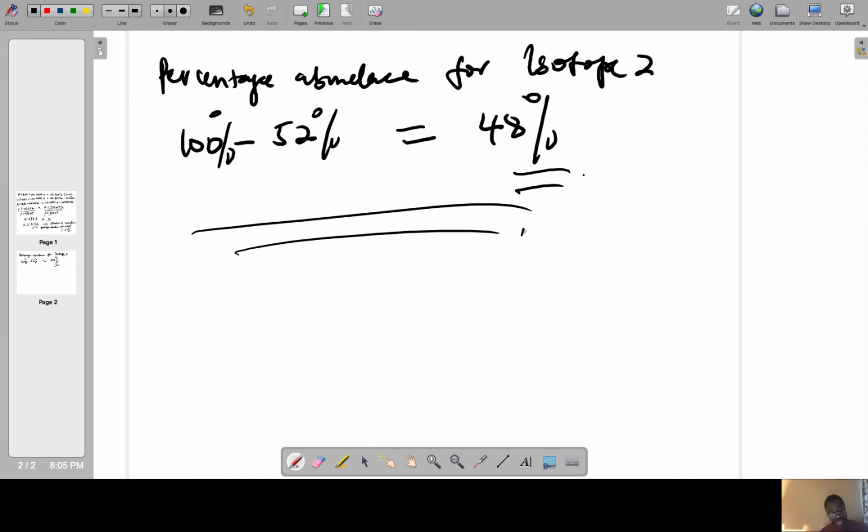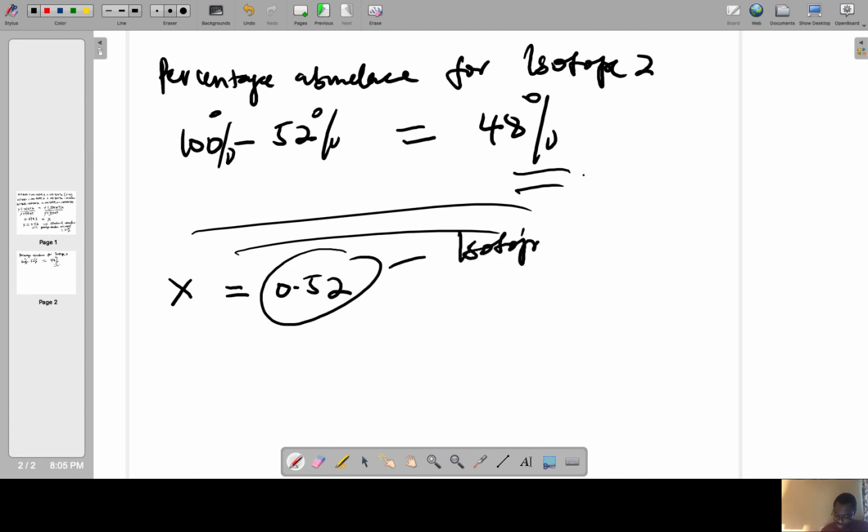You could also do it the other way. Remember, we've found the fractional abundance for isotope 1 to be 0.52 after rounding. So to get the fractional abundance for isotope 2, we do 1 minus 0.52, and this will give us 0.48.